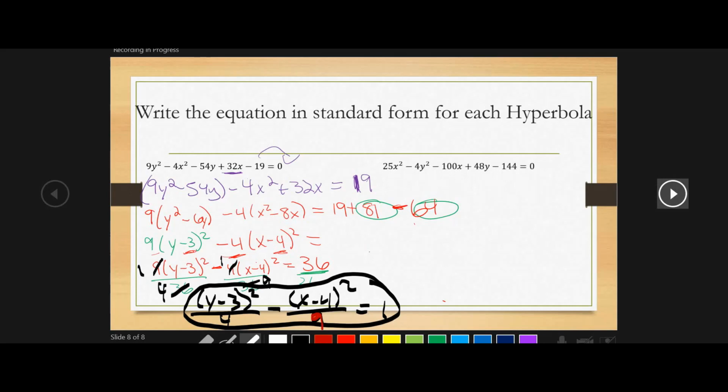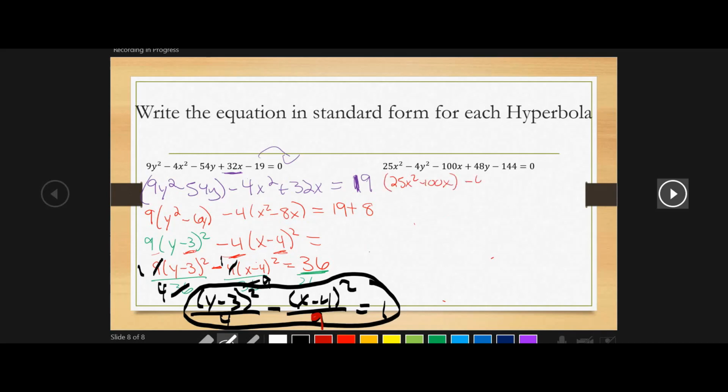And final problem. All right, so I'm going to erase this just so it's out of my way. And let's do it. Last problem. All right, so let's group them. This time the x squared is positive, so I'll keep that first. 25x squared minus 100x.